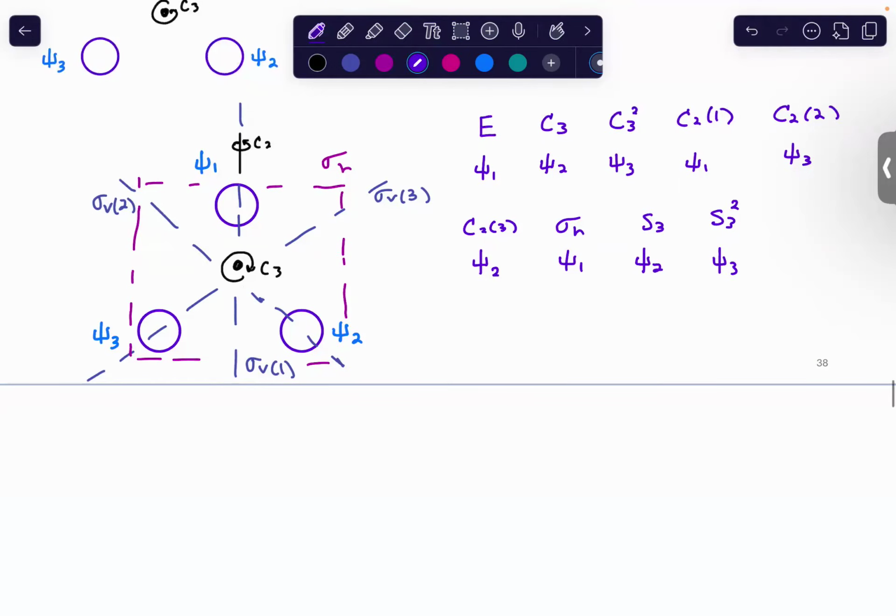And your sigma V1. Which one? Okay, that will stay as psi 1. Sigma V2. Will it be psi 3?